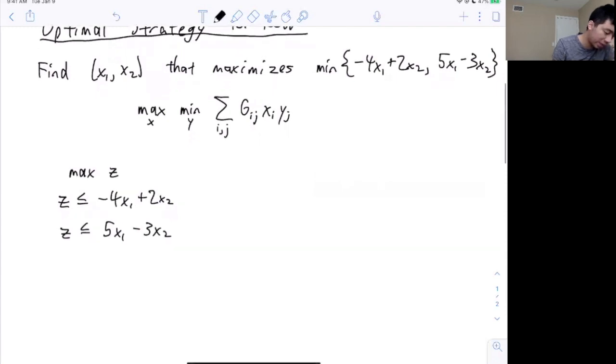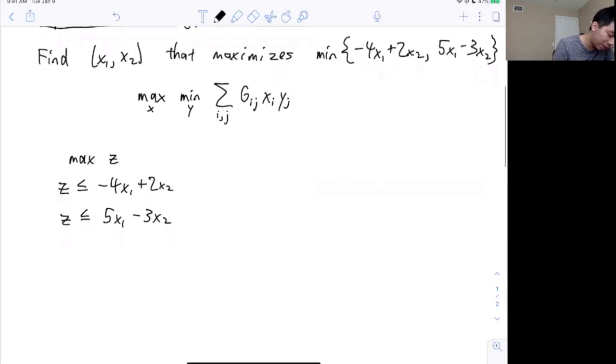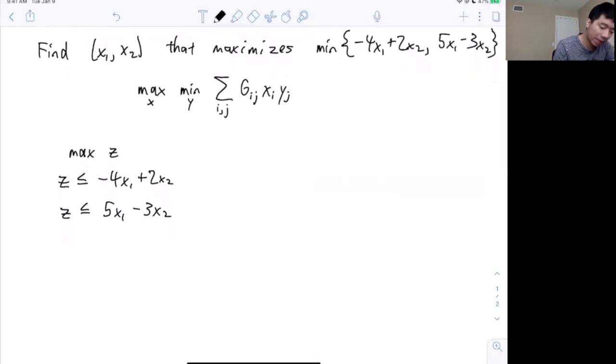These two constraints enforce that z needs to be less than or equal to both of these values, and because we're trying to maximize z, this is equivalent to taking the minimum of those two values. Of course, we also need constraints on x1 and x2. Since they are probabilities, they need to add up to 1, and x1 and x2 both need to be greater than or equal to 0.